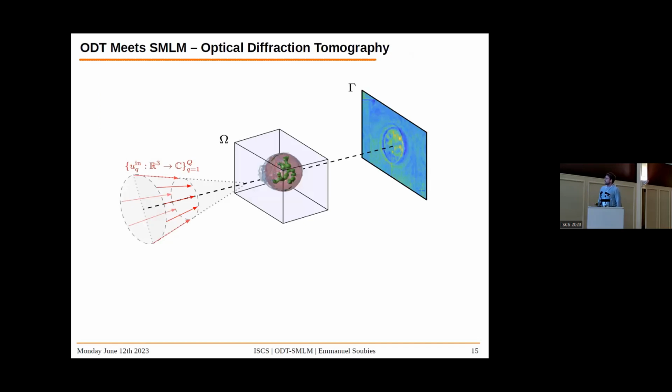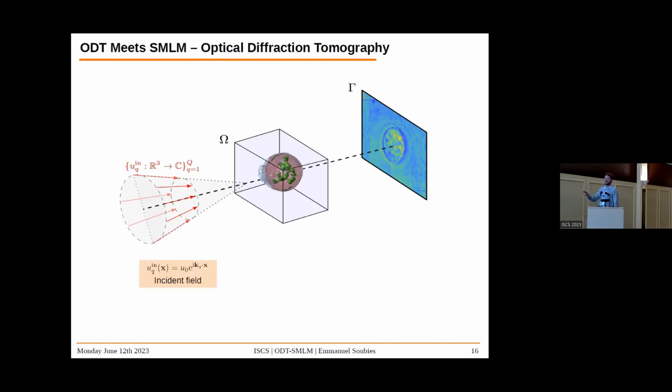On the other hand, I will be interested in optical diffraction tomography, and here the principle is not to reconstruct the fluorescence signal. There is no fluorescence. We try to reconstruct the refractive index of the sample, and for that we will record several images that correspond to the diffraction pattern of the sample when we send plane waves with different orientations.